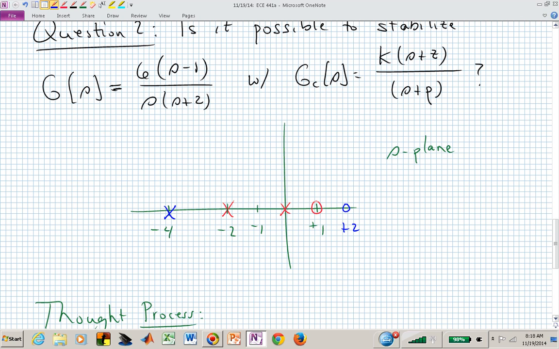Now which pieces of the real axis belong to the root locus? Between 1 and 2, is that on the root locus? Between 0 and +1, I forgot +2 and infinity, but I'm assuming you know that's not on there.